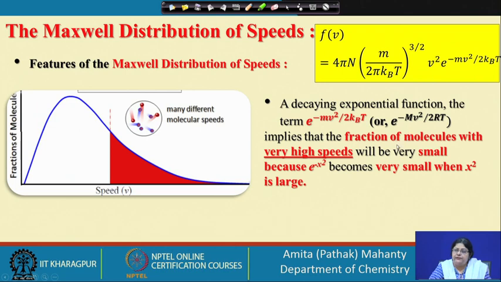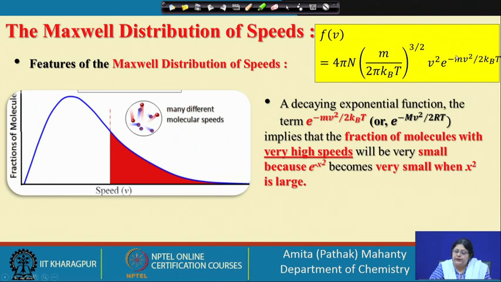So, what does this imply? The decaying exponential function implies that the fraction of molecules with very high speed, meaning V is very large, will be very small, because this is the exponential term. It becomes very small when these values are very high.